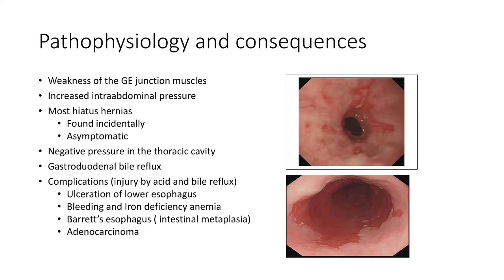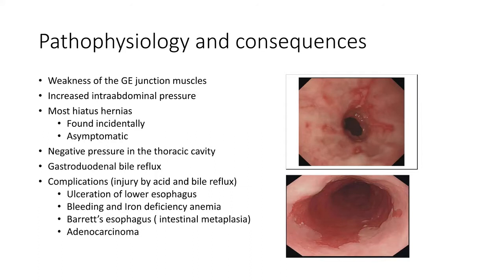And there are theories that say bile is more traumatic than the acid to the mucosa of the lower esophagus, which is a squamous epithelium. And the bile, particularly bile acids, are very dangerous, and they lead to ulceration.